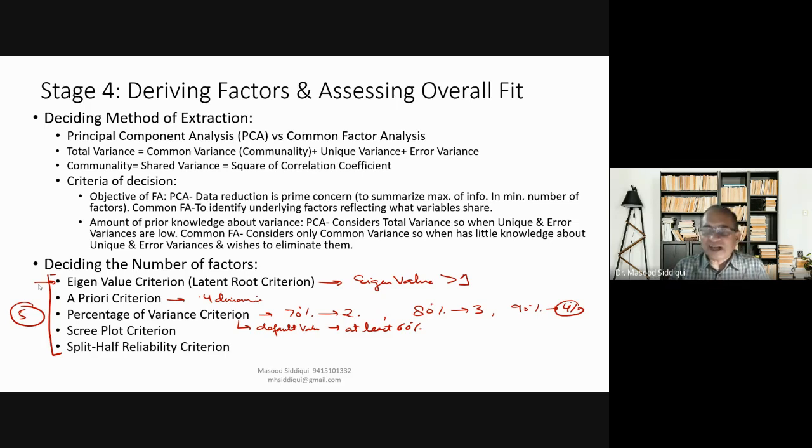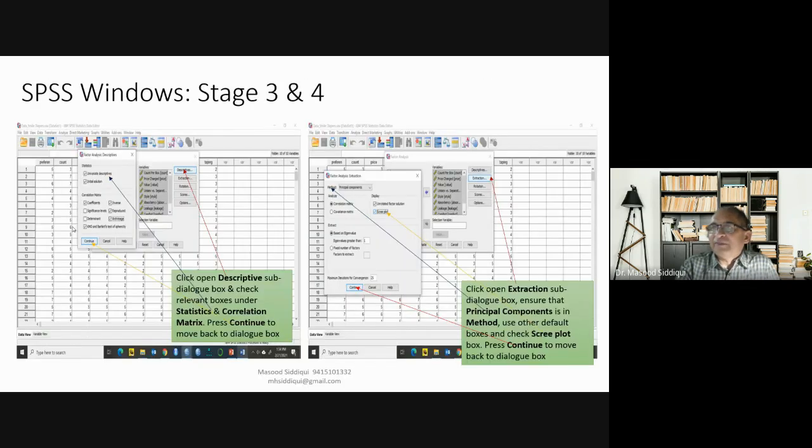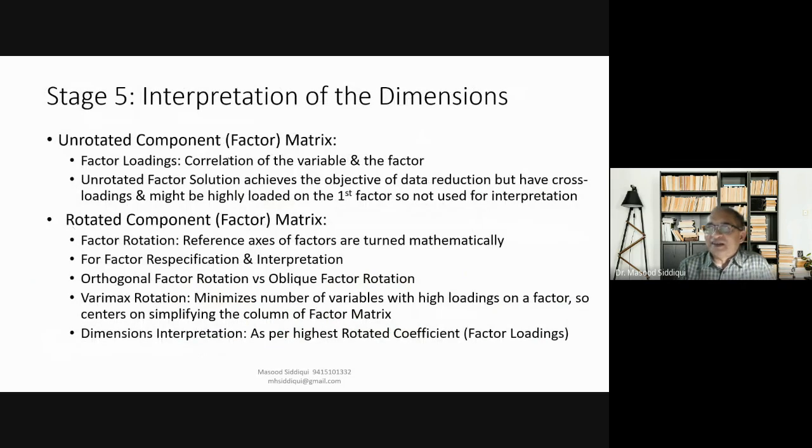So here I am explaining the concept of the loading. Right? I have already discussed these 2 things, that is the communality and the eigenvalue. Now I'm explaining the part that is related to the factor loading. What do we mean by factor loading?